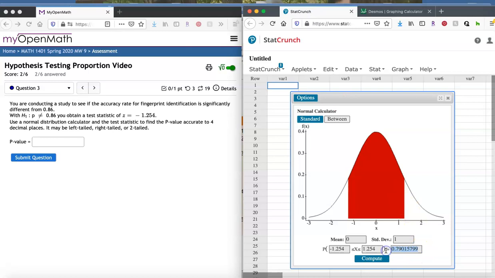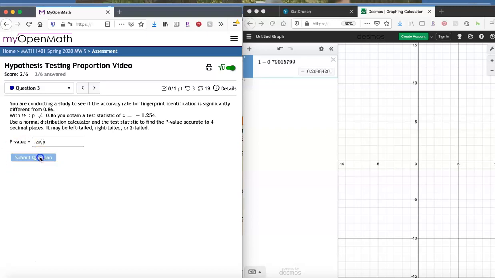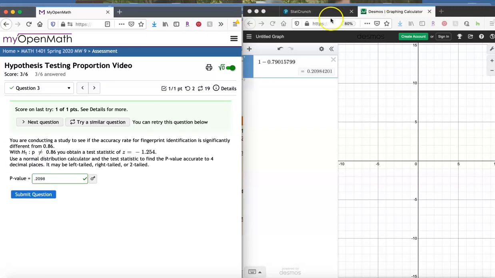Sometimes you can copy and paste this stuff well, and sometimes it doesn't work too well for me. Okay. And so this is really one of the few times that you will actually have to use a regular calculator. 2.098. Okay.